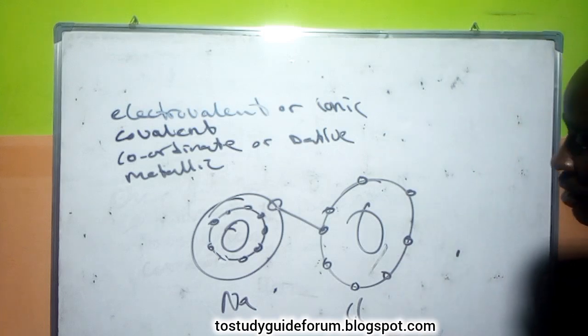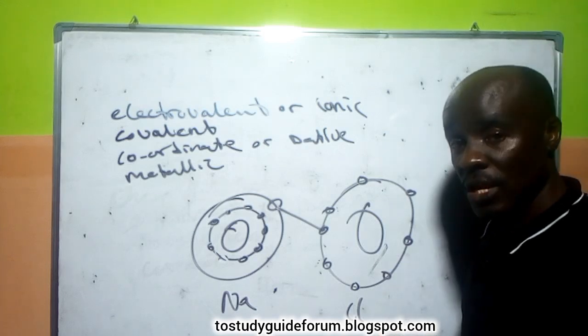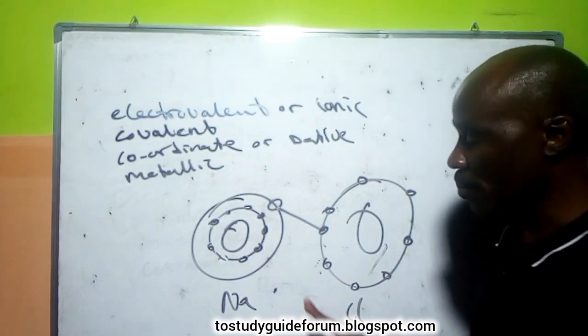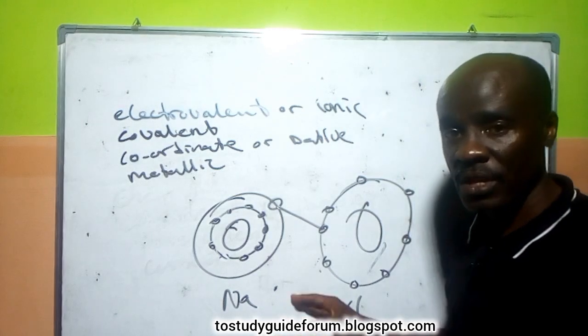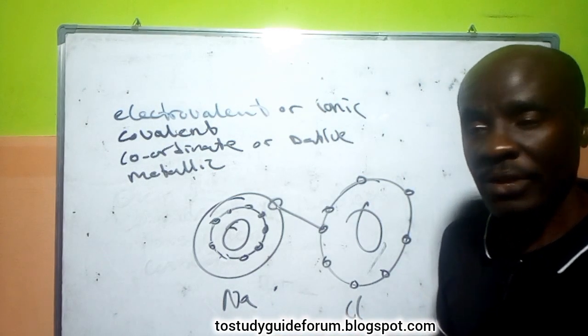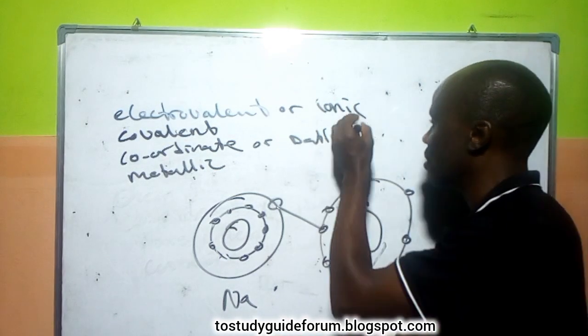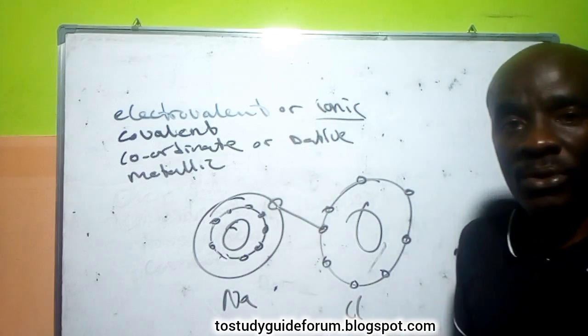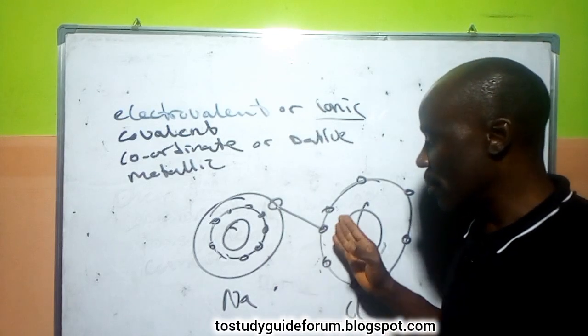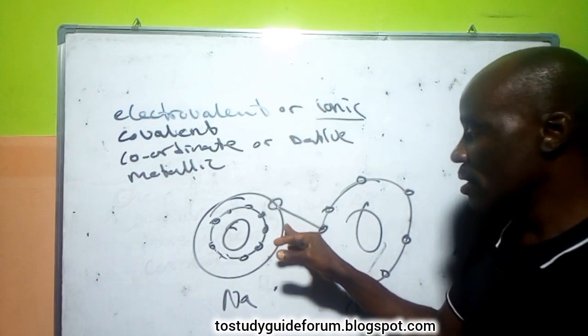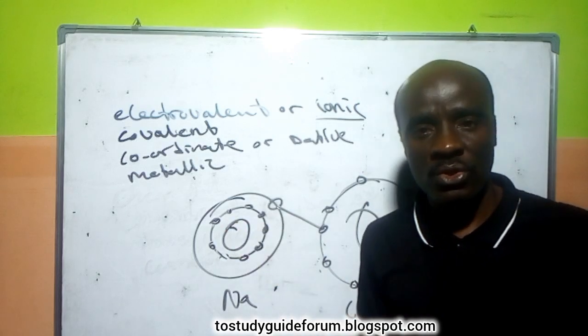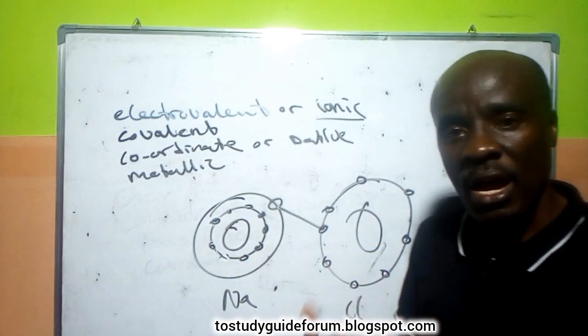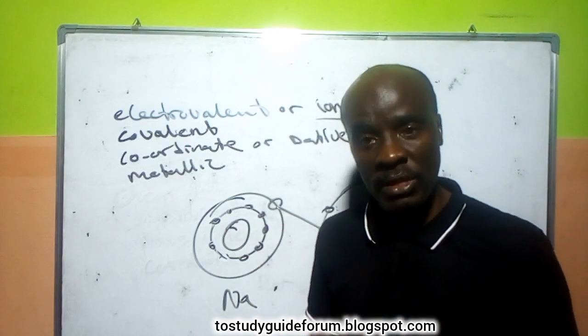Because of this, electrovalent compounds tend to have some properties. One of the properties is that they are ionic and polar. They are soluble in aqueous solution, they are soluble in water.